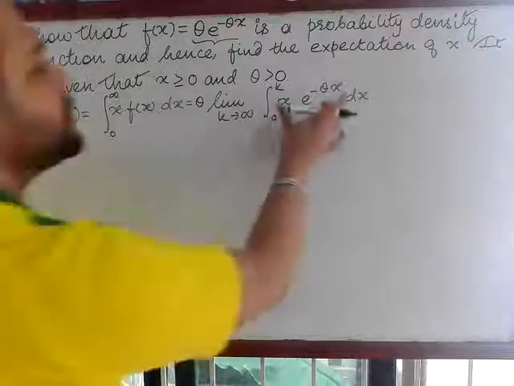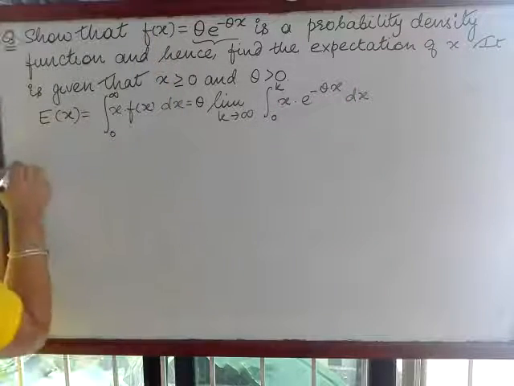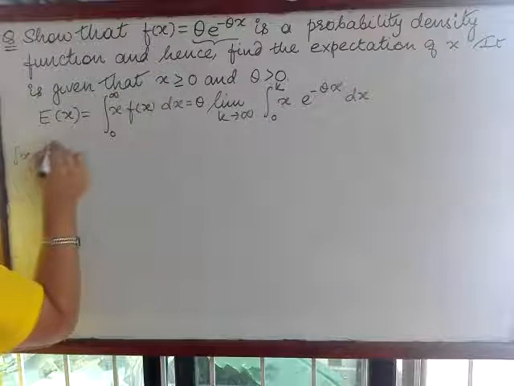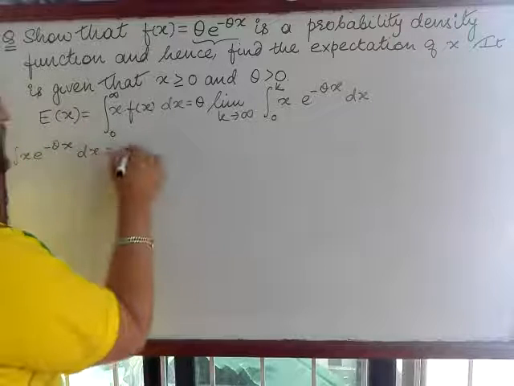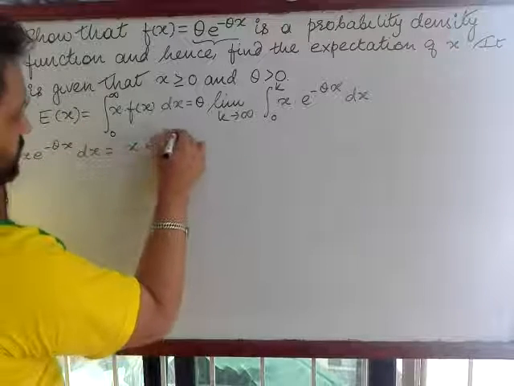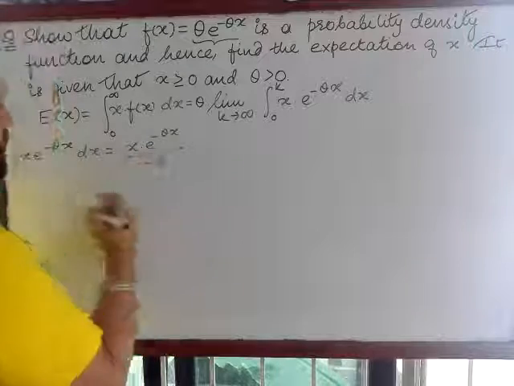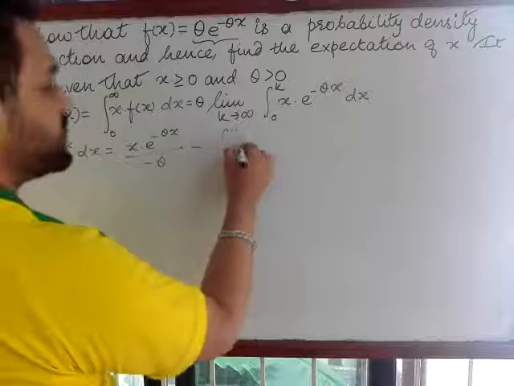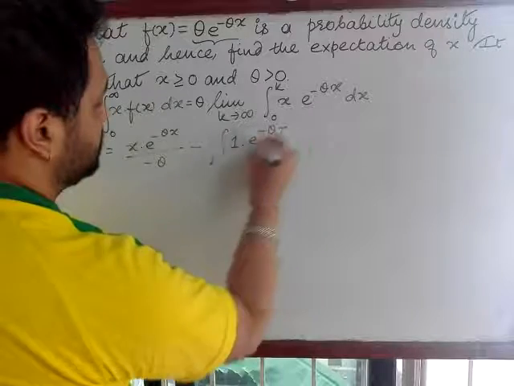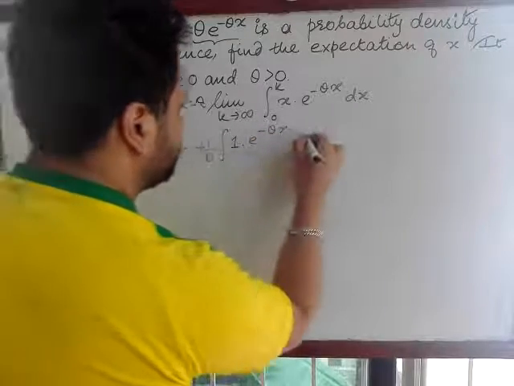So for that, let's first evaluate this integral, x e to the power minus theta x dx. This is equal to the first function times the integral of the second function, using integration by parts, minus the integral of the derivative of the first function times the integral of the second function.